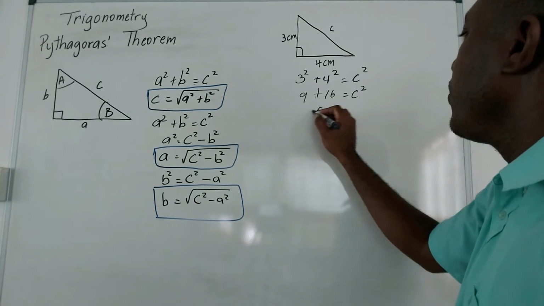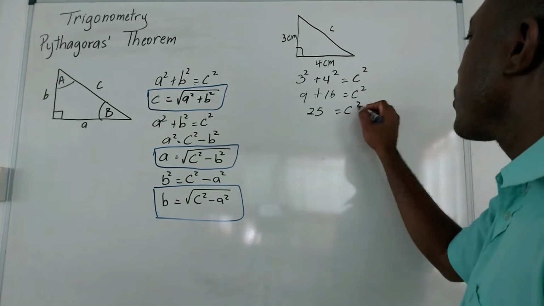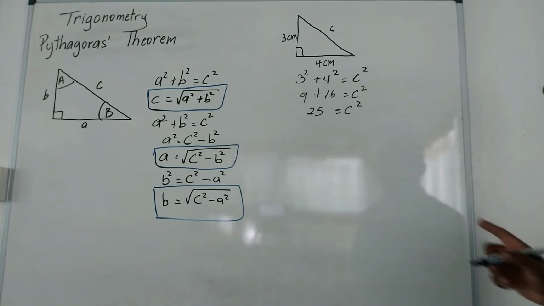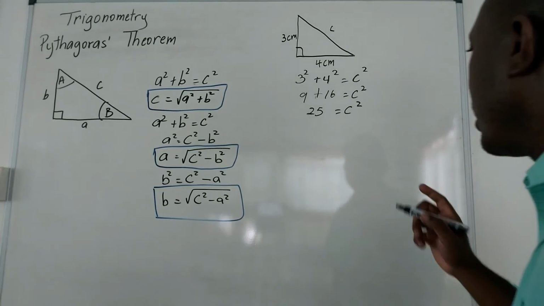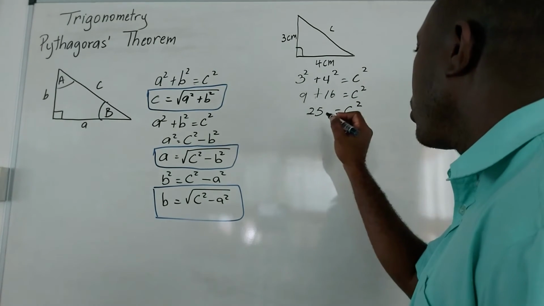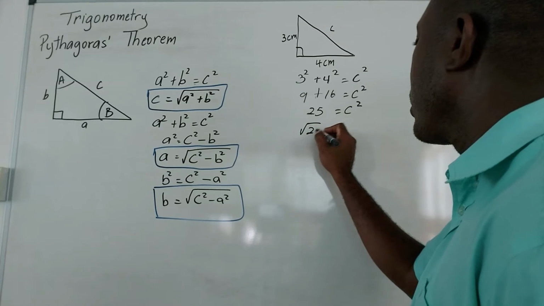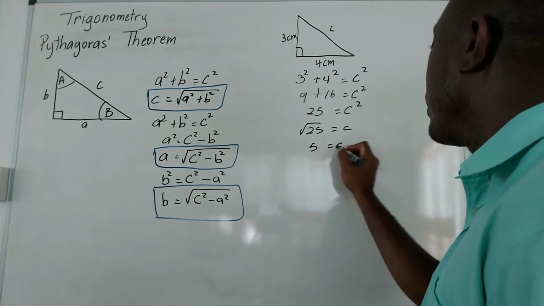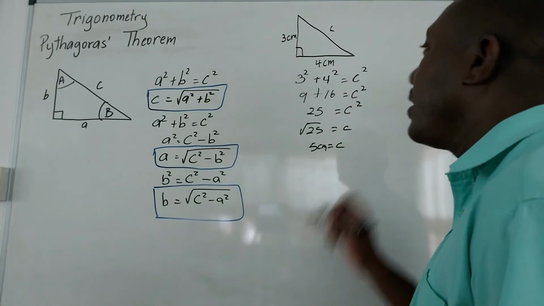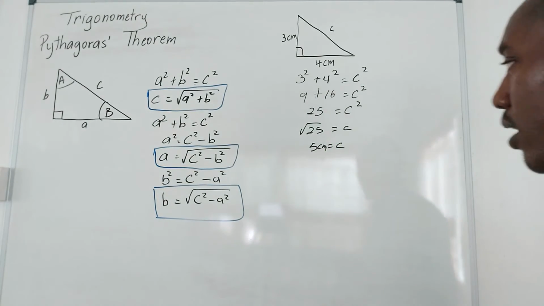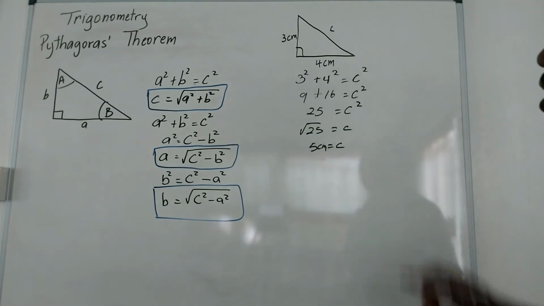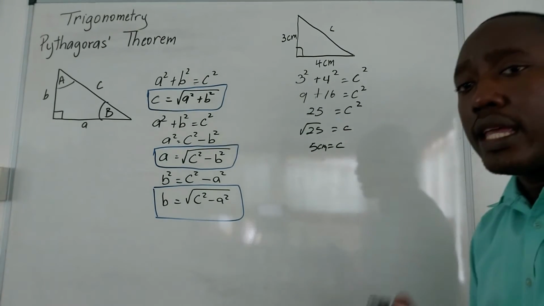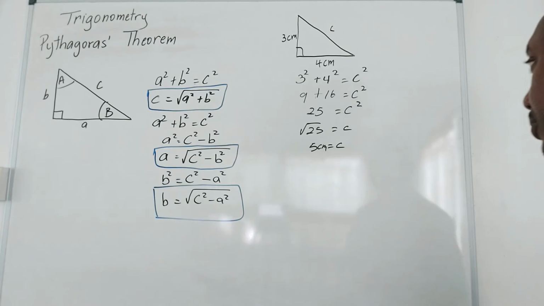So that's 25 is equal to c squared. So c is the square root of 25 cm. So in this case, the length of the hypotenuse is 5 cm.